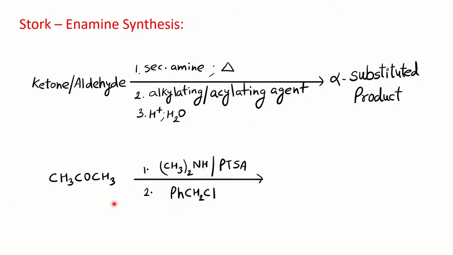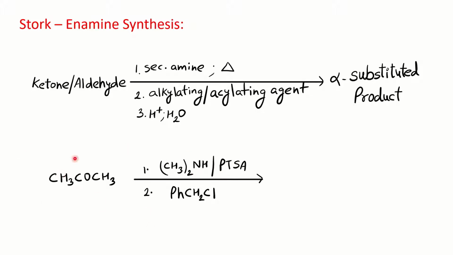Now let's see this simple reaction where we have acetone here, CH3COCH3. A secondary amine is given, where you have 2 methyl groups and 1 hydrogen, in the presence of acid, para-toluenesulfonic acid. And here you can notice an alkylating agent is given to you, PhCH2Cl. So this is the alkylation in the presence of a secondary amine and acid.